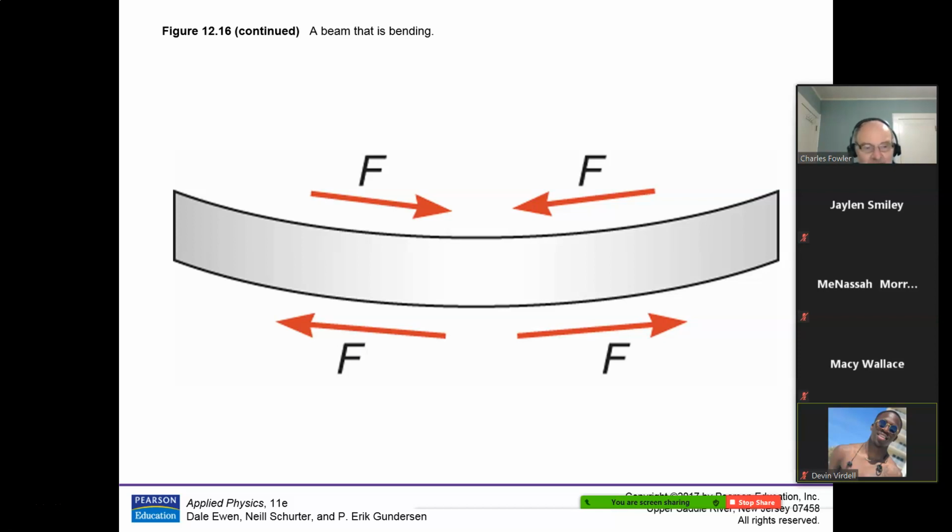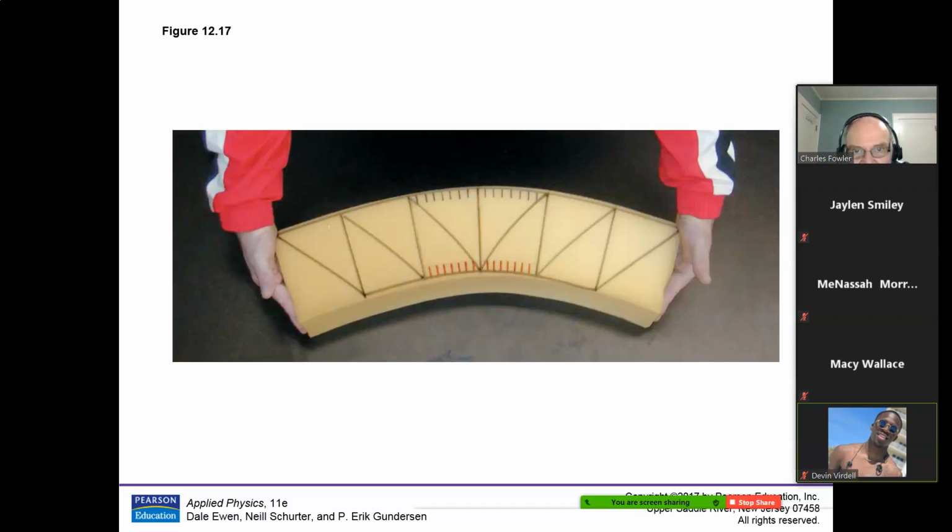Okay. Now, that is illustrated by this. This is a piece of, I think probably styrofoam, or something like that. And these gradations here are equal when it's flat. But when you bend it like that, these have separated and these have gotten closer together.